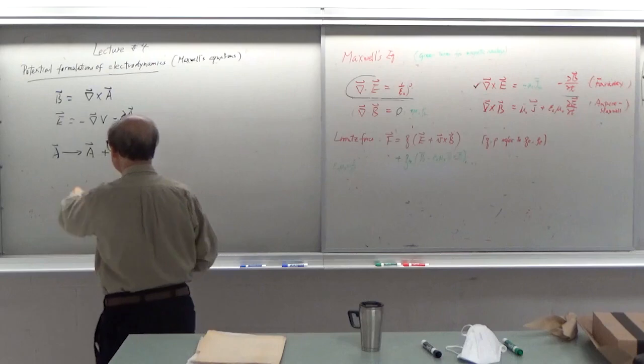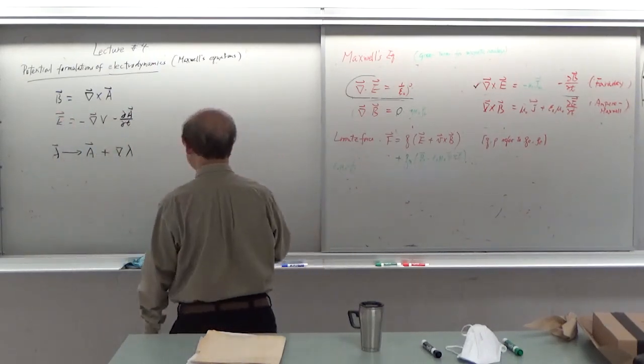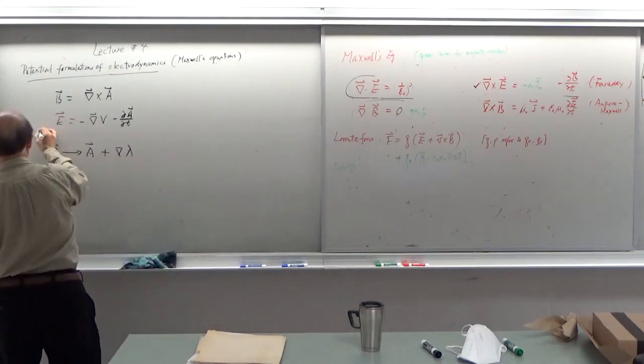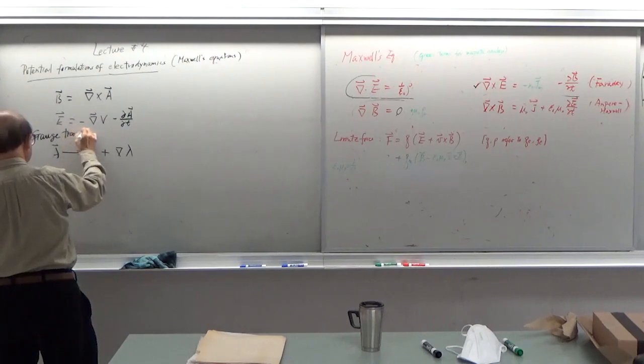So we can always change A by adding in a gradient term. This is known as a gauge transformation.